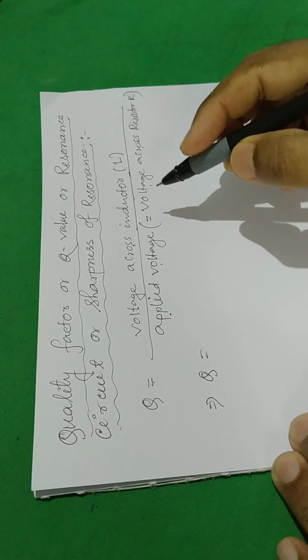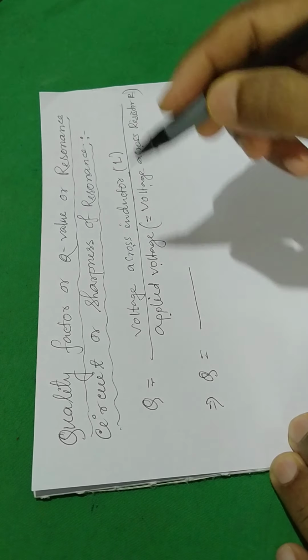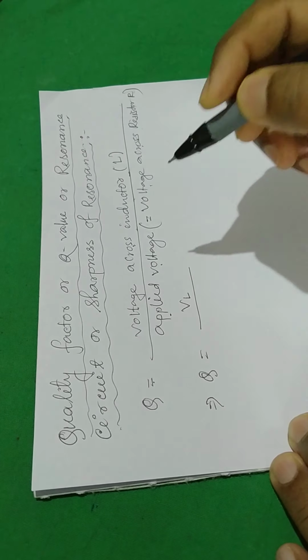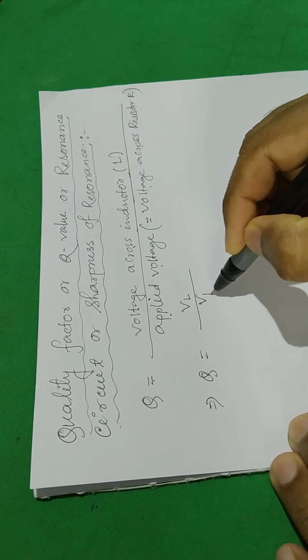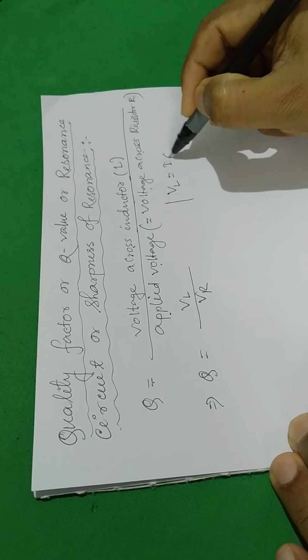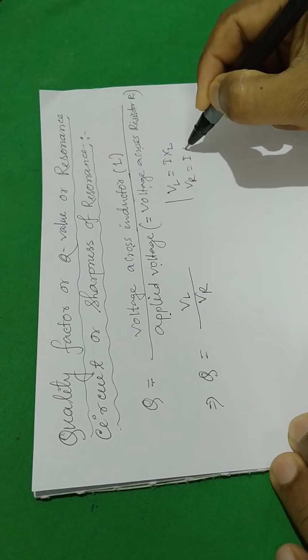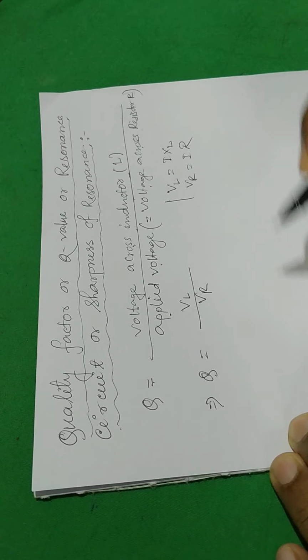As we know, voltage across inductor is VL and across resistor is VR. VL is equal to I XL, VR equal to IR.